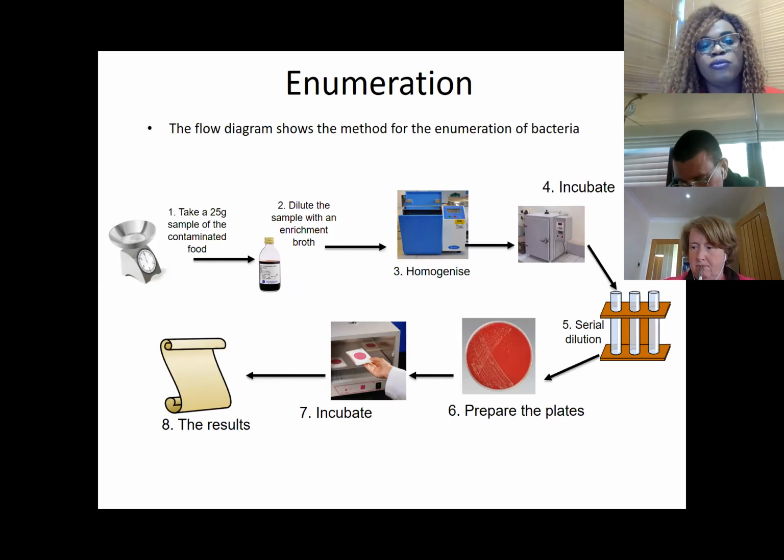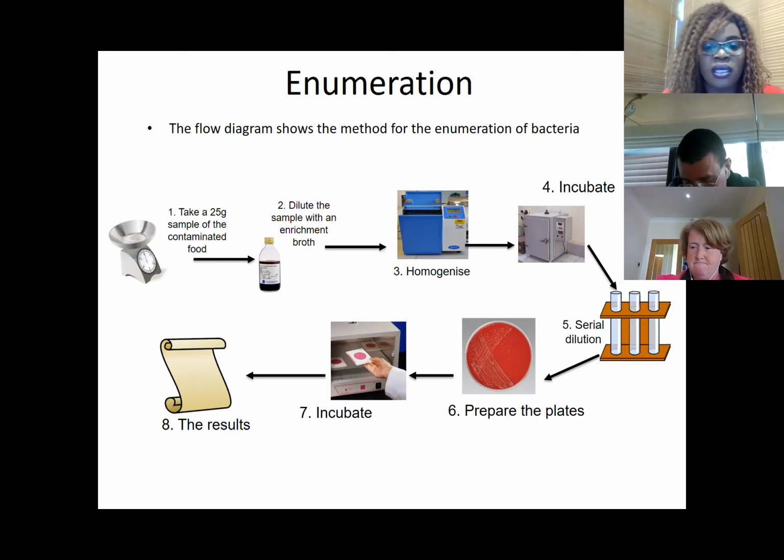So once you get the food, the first thing you do is dilute it with an enrichment broth or a diluent in a bag, okay? Then you homogenize it. The idea of homogenizing is so you can mix it up and dislodge any microorganisms attached to the food particles. Then, it depends if you have pre-enriched it, you can incubate it for some time.